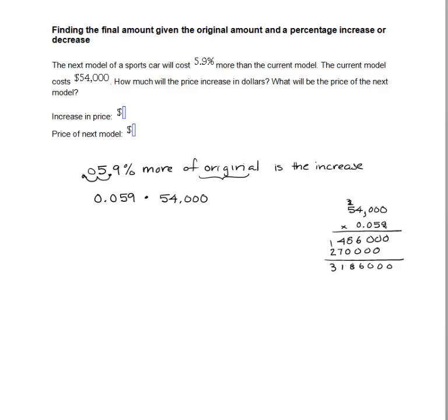And I have 3 places behind the decimal, so I move it back 1, 2, 3 places. And I get $3,186. So it's going to increase by $3,186. So that's my increase.